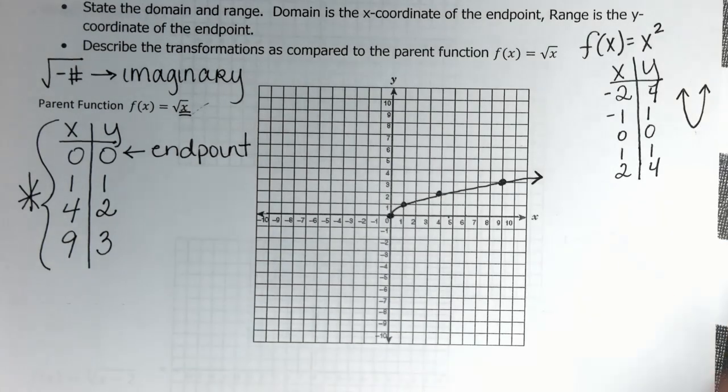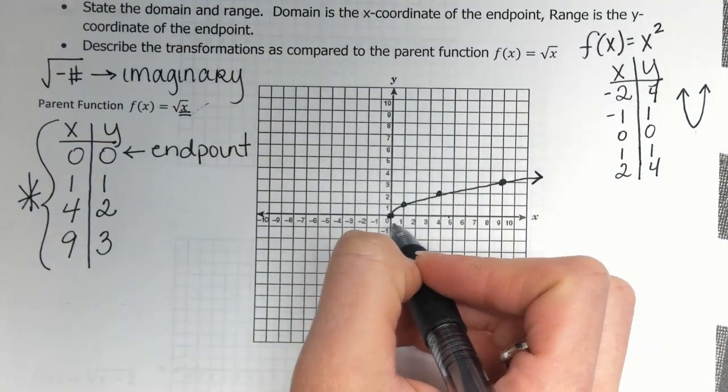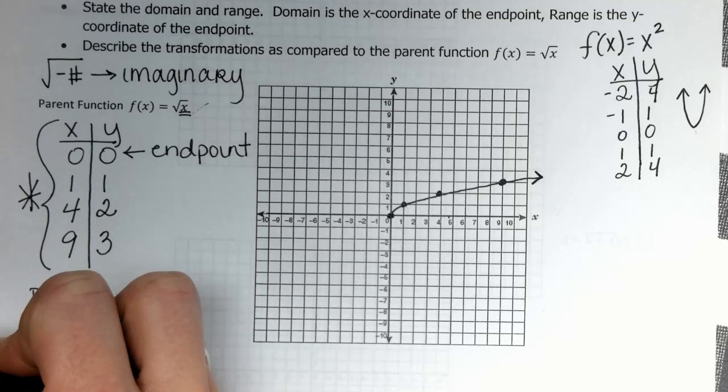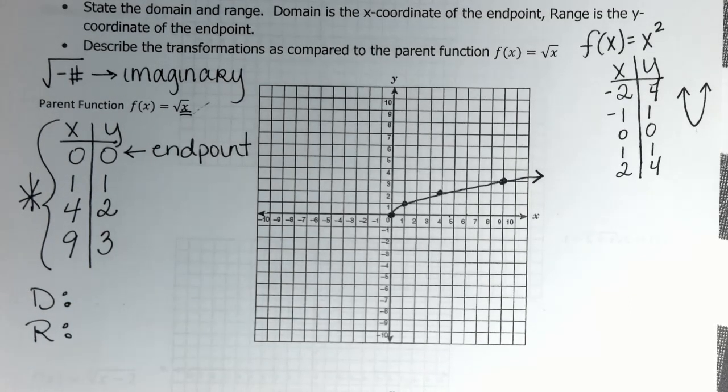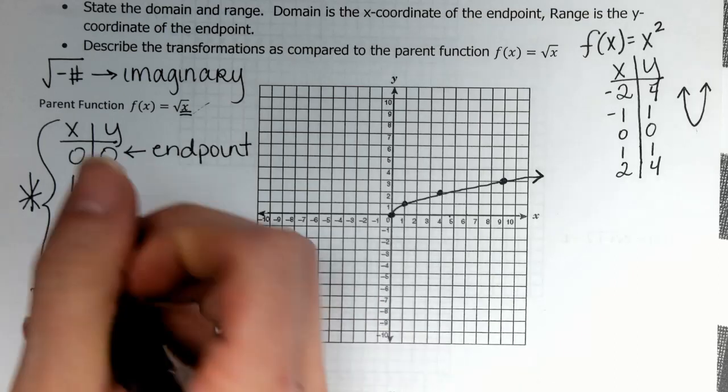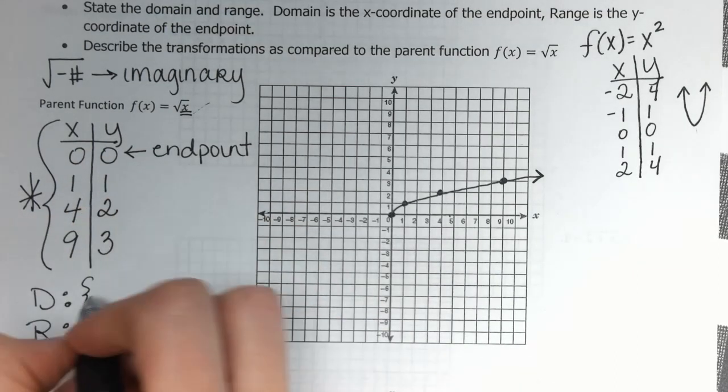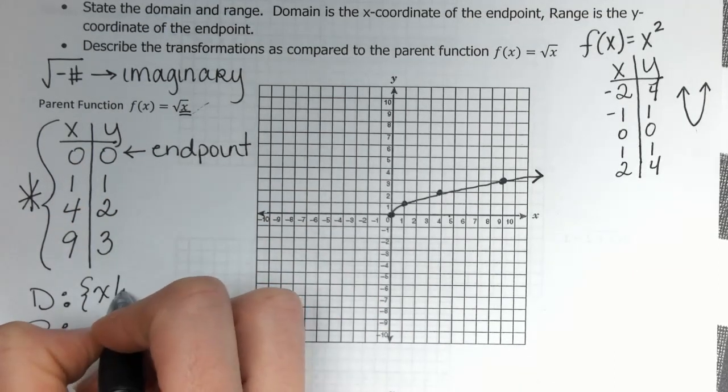Okay? So if I am looking here, I need to label and state my domain and range. Your domain is a set of all possible x values. Remember, we have discussed interval notation and set builder notation. If you do set builder, then remember you've got the x such that x.